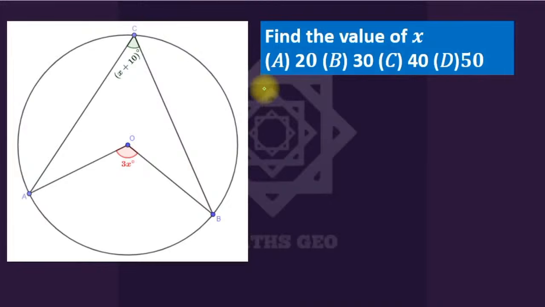This is the center of the circle. Conventionally, when the center is O, we normally denote a circle with center O. From the inscribed angle theorem, you see that the central angle, which is 3x, must be equal to 2 times x plus 10, which is the inscribed angle.